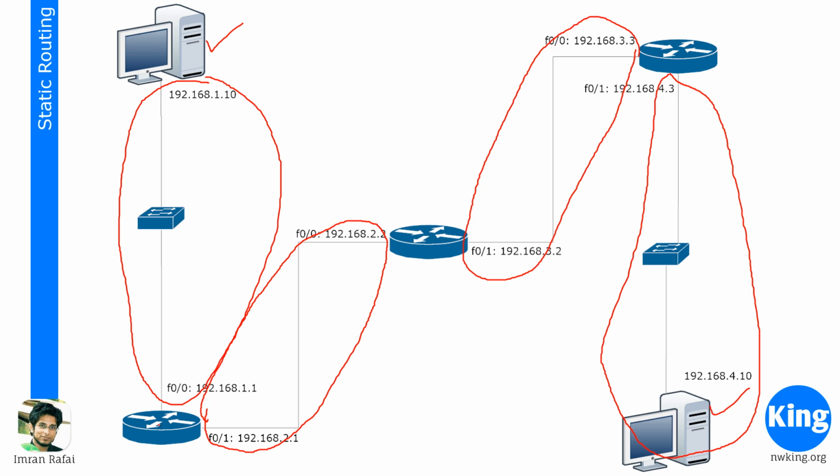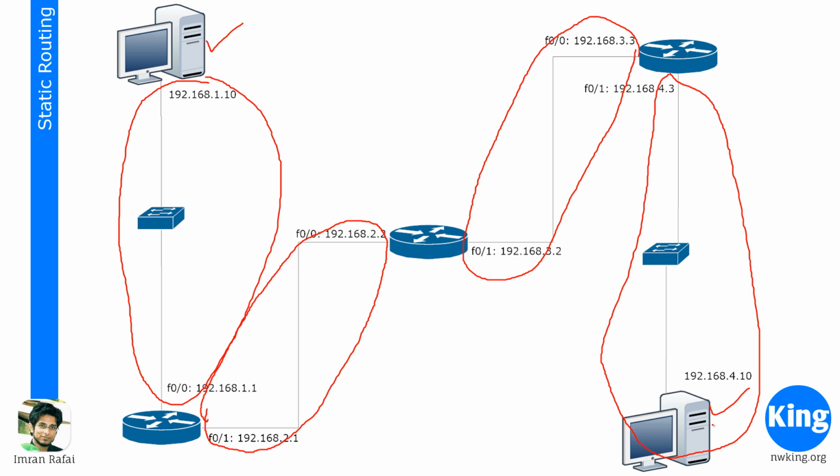It looks at its routing table, and it says, if I have to route this packet to the 4.0 network, I need to send it to this device, 192.168.2.2, and it forwards that packet on this line. Similarly, this device looks at its routing table, and it sees that if it has to go to the 4.0 network, it has to go through this and go to 3.3, and this device looks at its routing table and sees that the 4.0 network is connected to itself, and it gives that packet to this device, right?